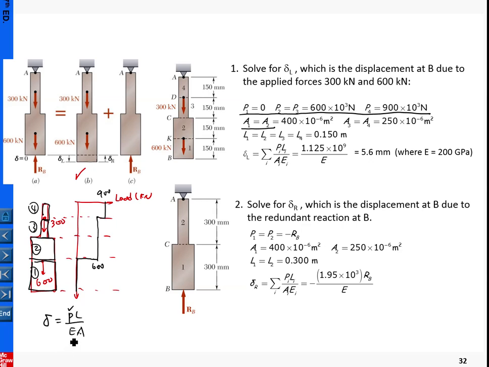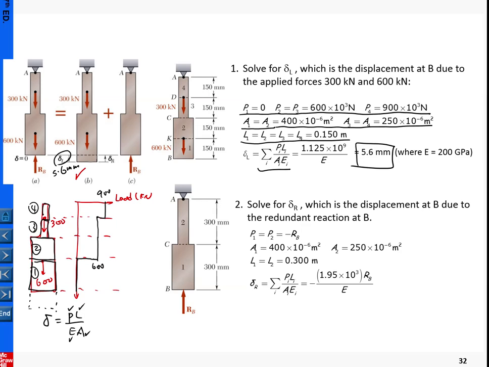So we know the A, and for each segment you know the L. And of course we are given the Young's modulus, so you should be able to determine the overall deformation, and that is contributed by 4 segments. So plugging everything in, the delta L, this number, equals 5.6 millimeter.